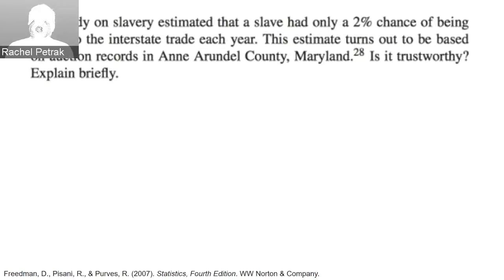Specifically, in this example, Anne Arundel is a very small county, and in the state of Maryland, there were two main slave auction houses at the time, in Annapolis and Charleston, or the two main slave houses of that region at the time. And so we can only account for this one county area.